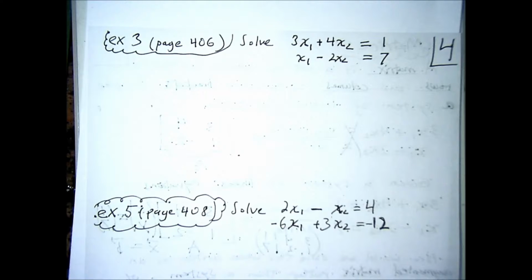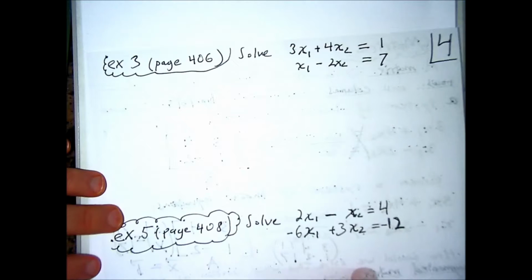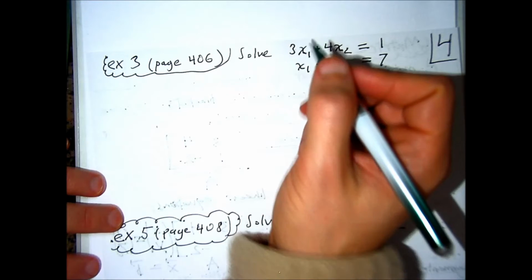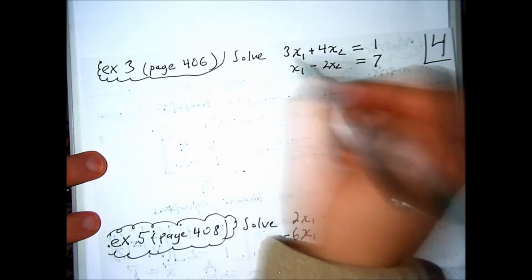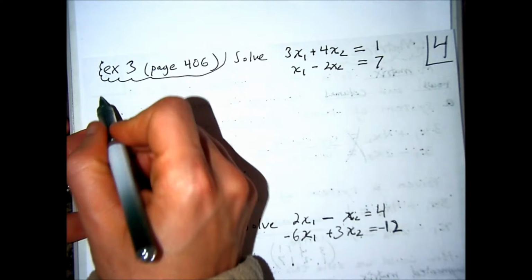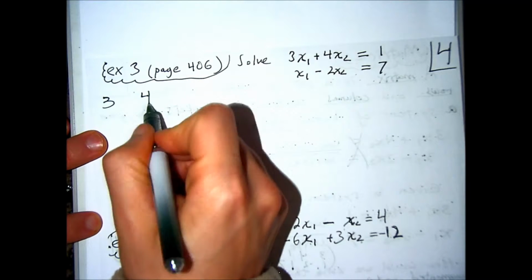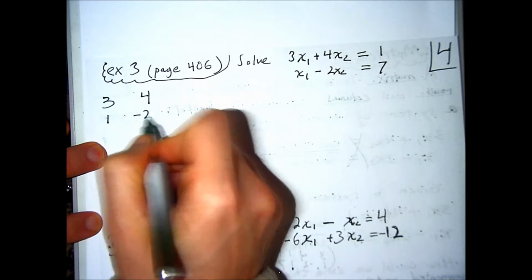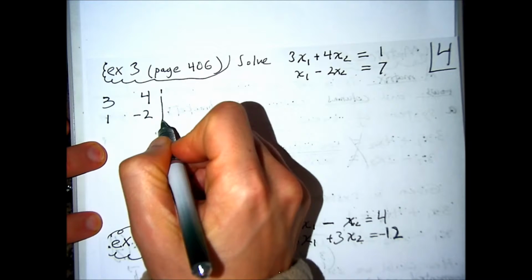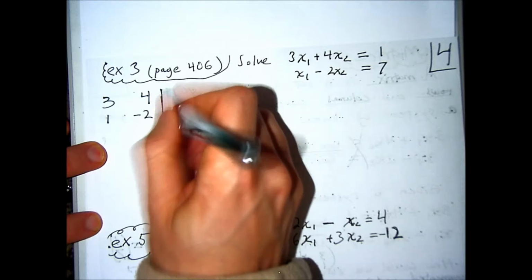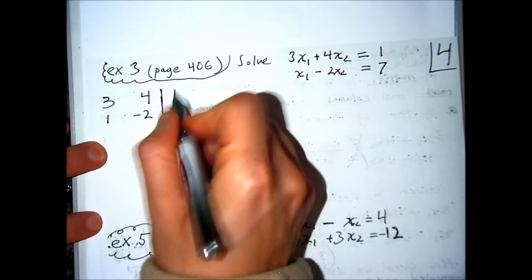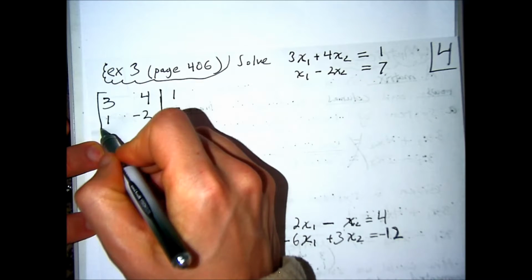And this is example 3. So first thing we do, we write this as a matrix. So we write it as 3, 4, 1, negative 2. Write a little dotted line, or they just write a vertical bar. 1, 7. We have our bracket.